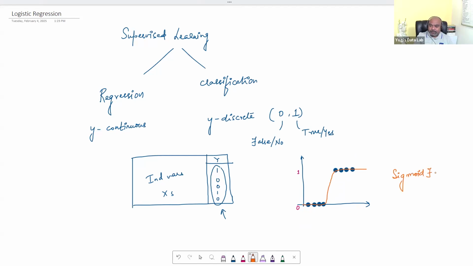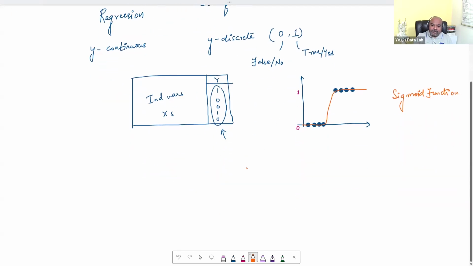Now, when I talk about the sigmoid function, since this is my x-axis and this is my y-axis, obviously there is going to be some mathematical equation for this curve. So I can represent the sigmoid function as y is equal to 1 upon 1 plus e to the power minus (a plus bx).